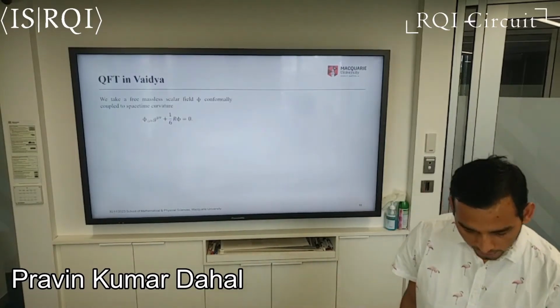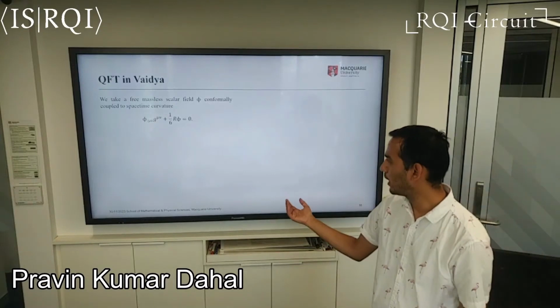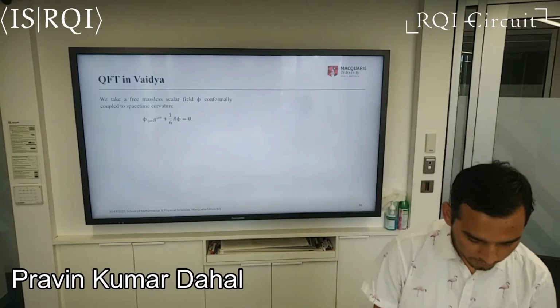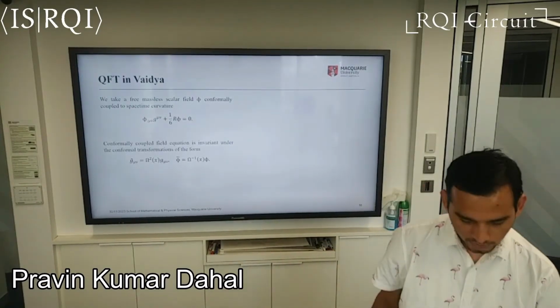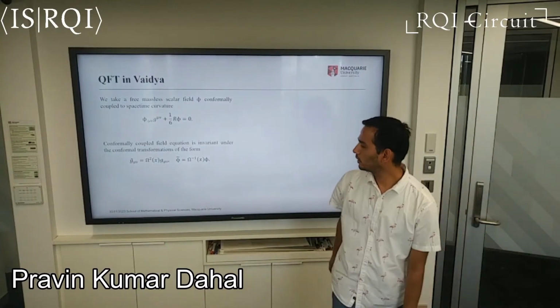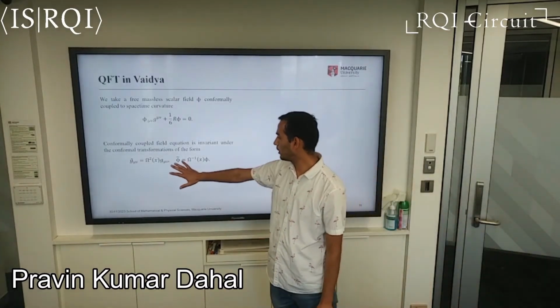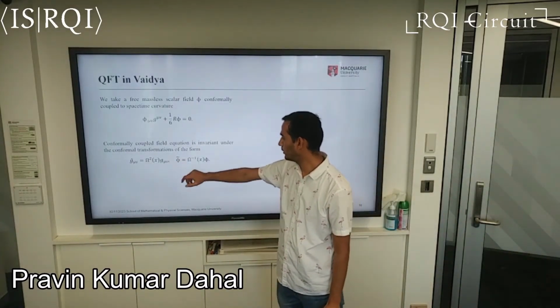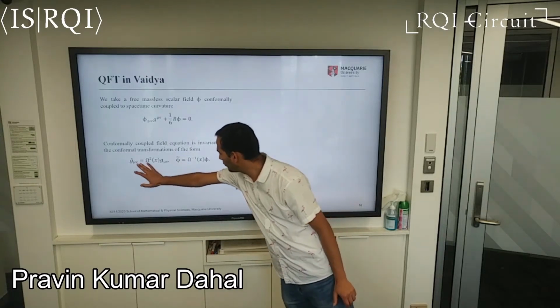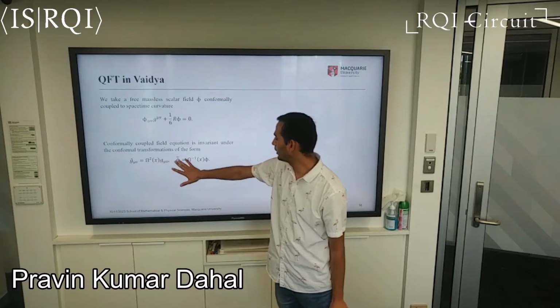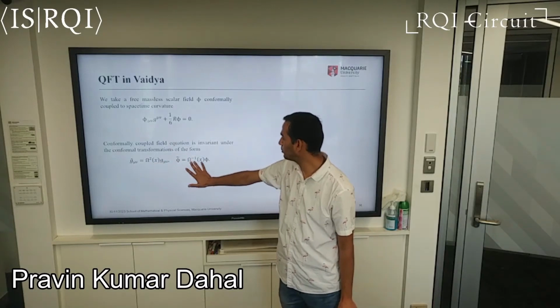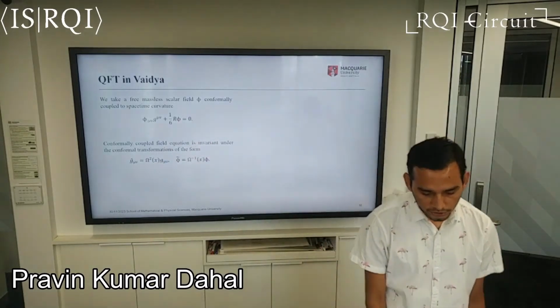So let's take the field equations as in flat spacetime in this curved spacetime setting, and as we are considering the conformal case, if we transform the metric in this way, and if we transform the field in this way, these field equations remain unchanged.